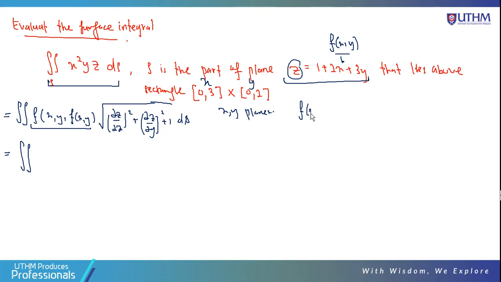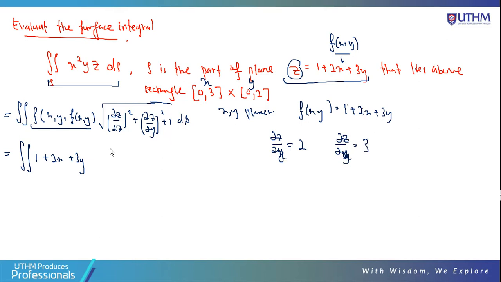So f(x,y) equals 1 plus 2x plus 3y. You substitute 1 plus 2x plus 3y in here, and then you determine the part here. Partial z with respect to x is 2, sorry, this one is x, and this one is y. Partial with respect to y, so 0, this becomes 3.